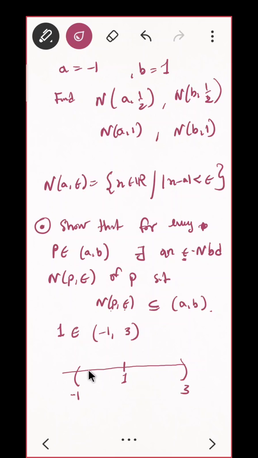ठीक है. So here 0 will come, here 2, here 3. Perfect. So can somebody give me a neighborhood?